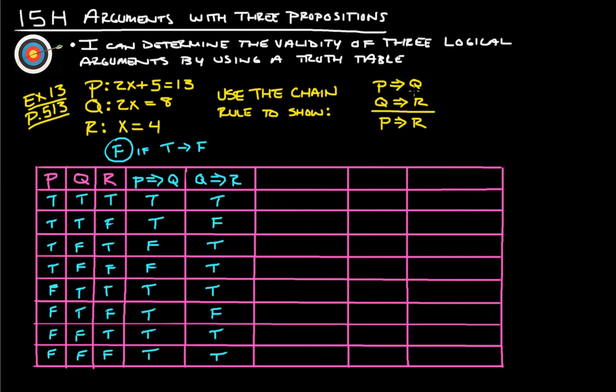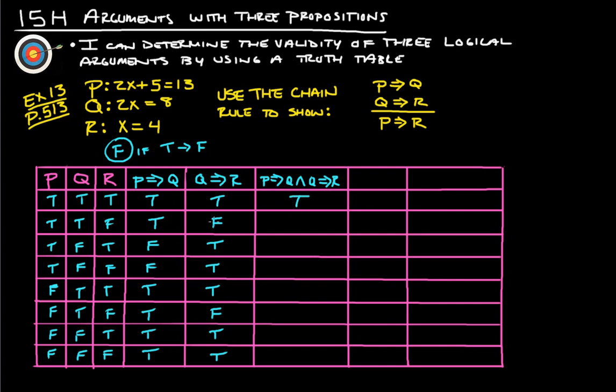Let's see. We did P implies Q, Q implies R. Now we want to do these two together: P implies Q and Q implies R. Since it's and, they both have to be true.